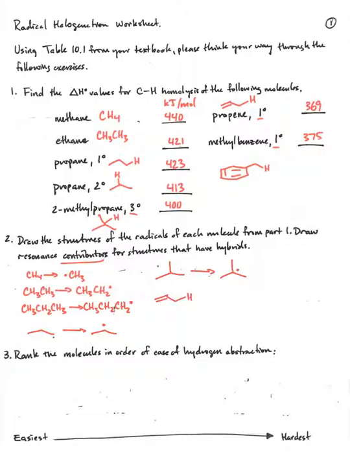So here's propene. We're cleaving the sp3 CH bond. We form this radical, which is a primary radical, but it also has a resonance contributor. So I'm using the double-headed arrow to show that. And so we can show the fishhook notation to show the resonance.